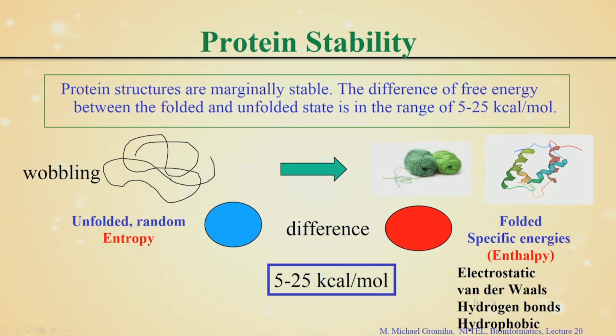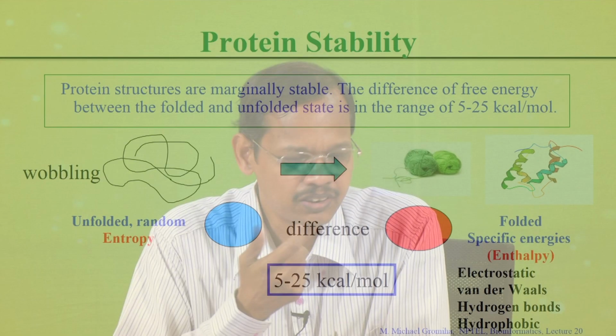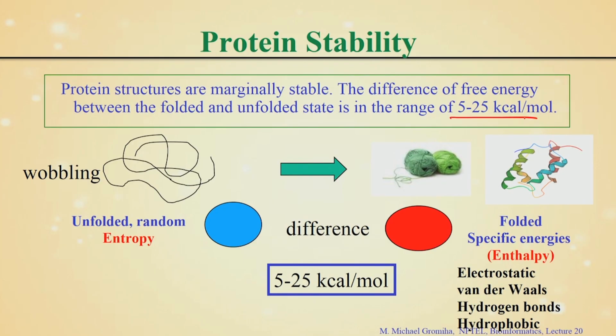The electrostatic and van der Waals are noncovalent interactions, while the disulfide bond is the bond between two sulfur atoms in cysteine. If you look into the contribution in the folded state and the unfolded state, the contribution is very high in terms of all the types of interactions, but the difference between the folded and unfolded state is very small, about 5 to 25 kilocalorie per mole.